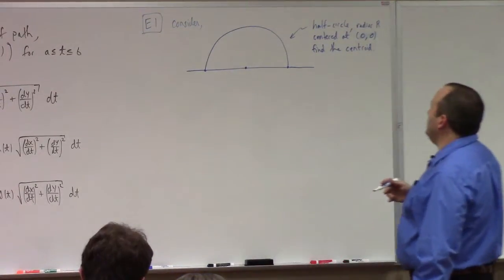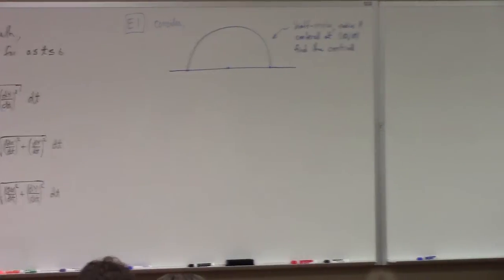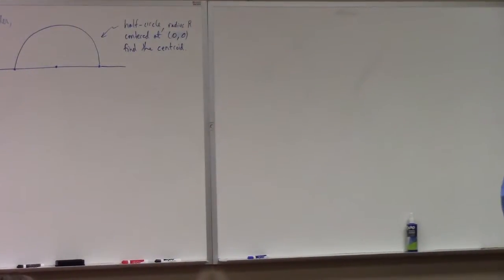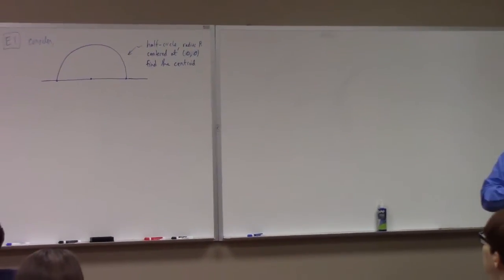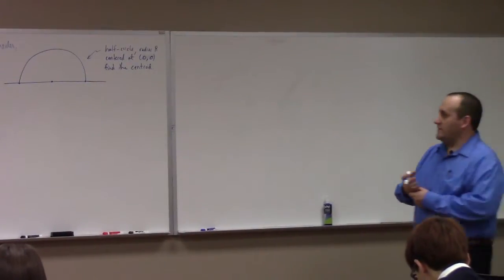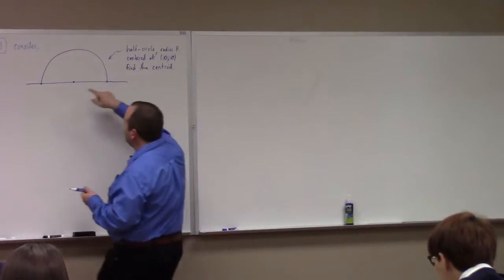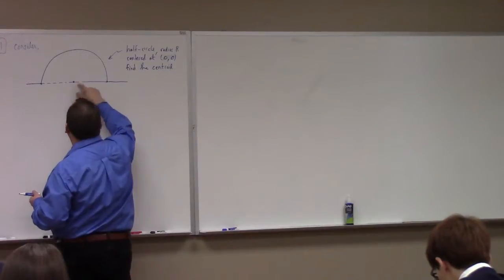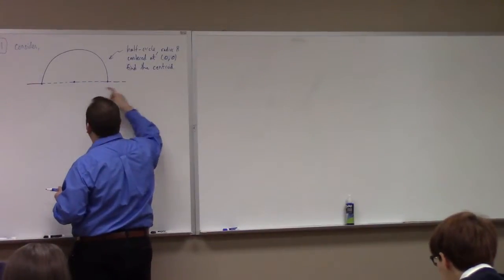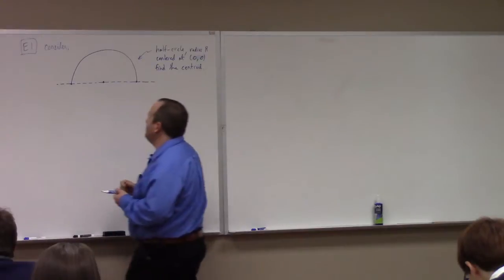Okay, so in order to find the centroid, what do we have to do? First order of business, we need to parameterize this path. To be clear, I'm not talking about the diameter down here. I'm just talking about the half circle.